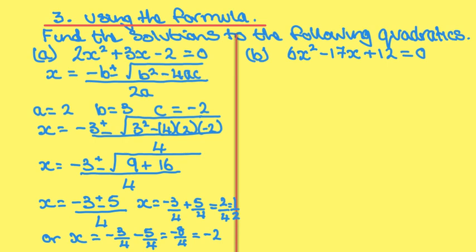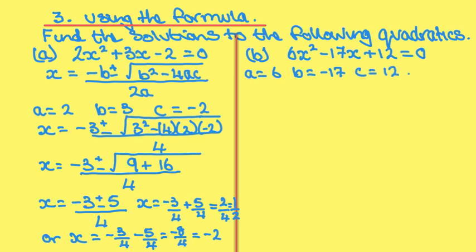Part B, 6x squared minus 17x plus 12. So we know that a is equal to 6, b is equal to minus 17, c is equal to 12.